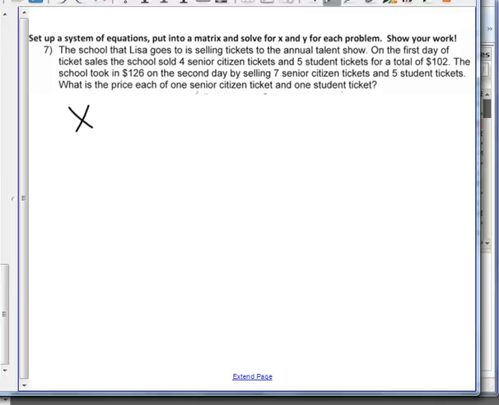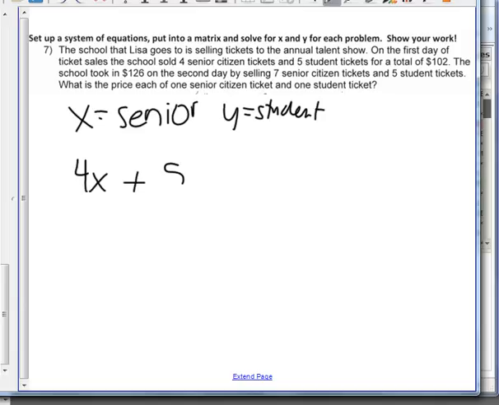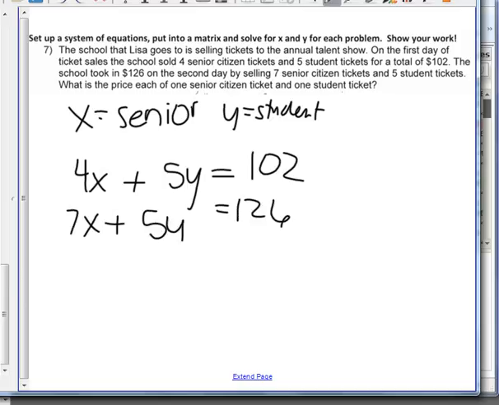We can say that X is equal to senior, Y is equal to student. The first day there was 4 senior, so 4X plus 5Y, because 5 students made $102. The next day, they made $126 on 7 seniors plus 5 students.